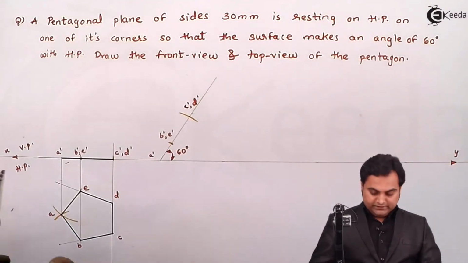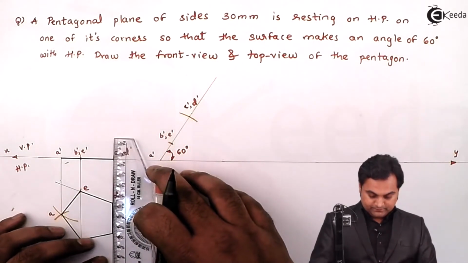Next, this is the front view of the pentagonal plane. Now drawing the top view, for that I'll project the points down in HP.